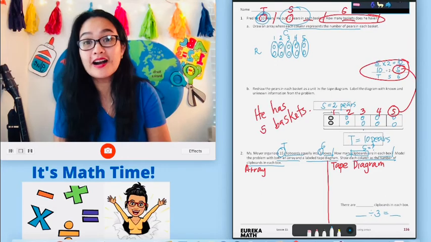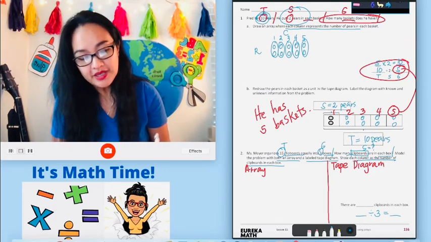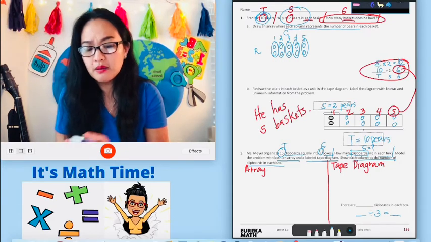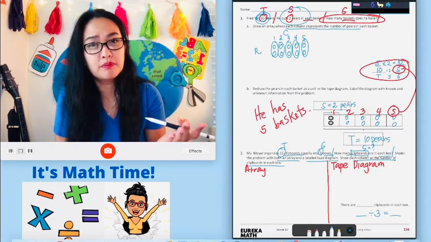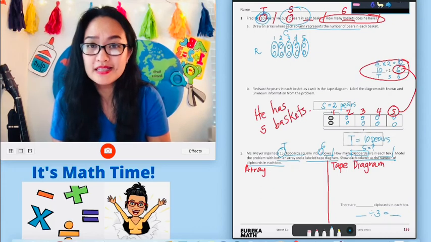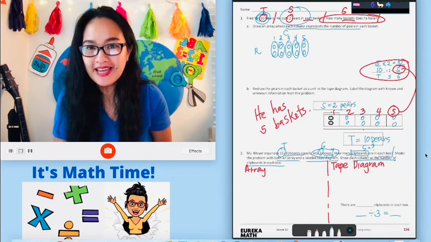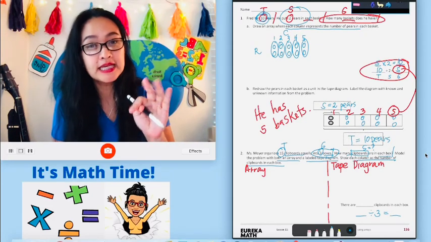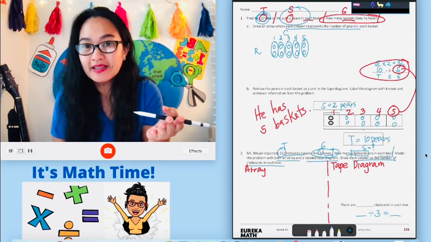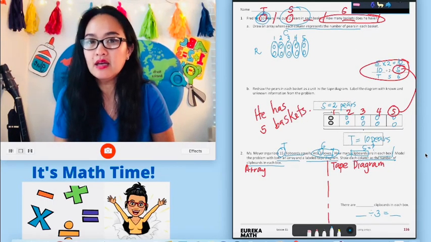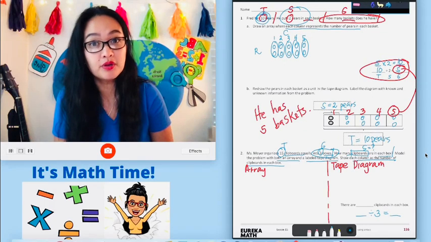Let's draw our array. Okay, it says show each column as the number of clipboards in each box. But I don't know the number of clipboards in each box because that's the unknown. So what I know is that there's 3 boxes. Now I'm ready to draw my array. I know I have 3 boxes, and in 1 box, I don't know yet. But I know when to stop. That means if I counted 15, I will stop because that's my total number of clipboards.